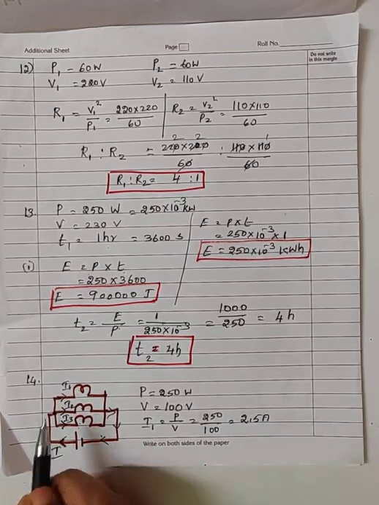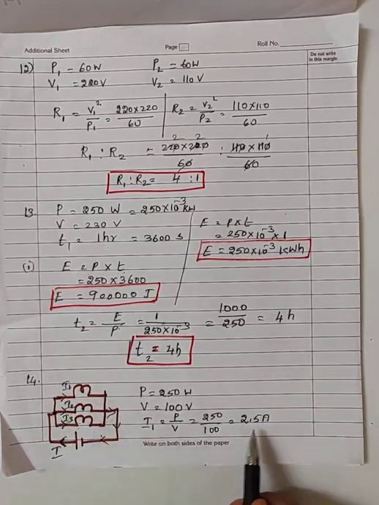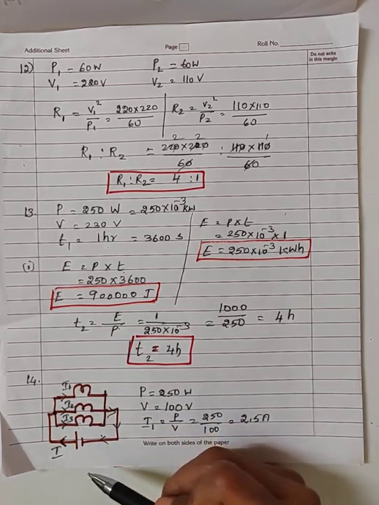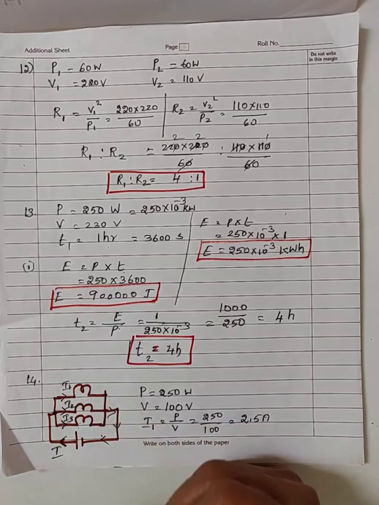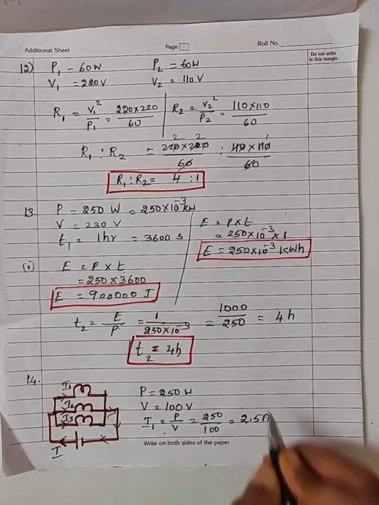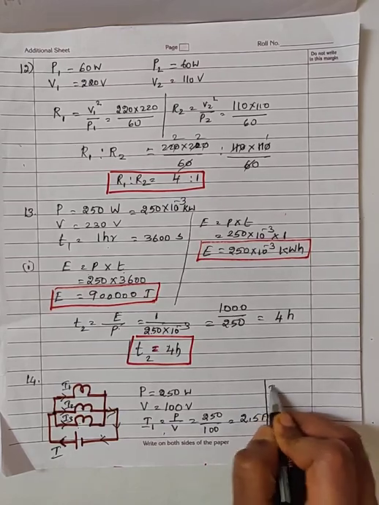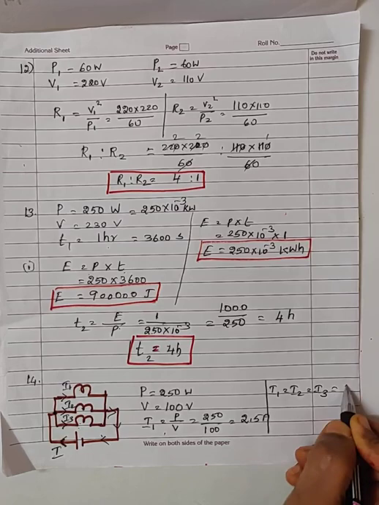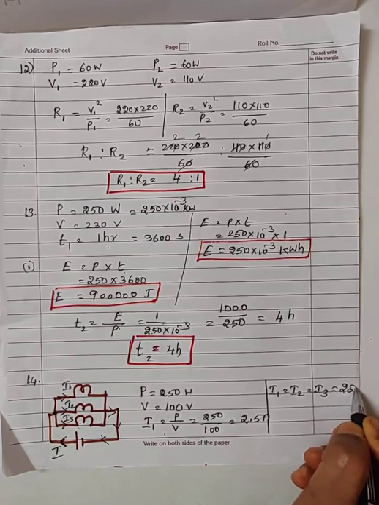So the current flowing through one of the heaters is 2.5. As the power rating and the voltage rating of all the heaters are the same, I can write that the current flowing through all three heaters is the same. That is I1 is equal to I2 is equal to I3, which is equal to 2.5 ampere.